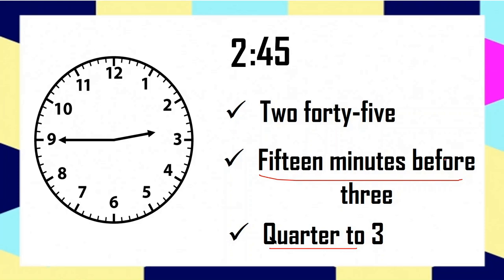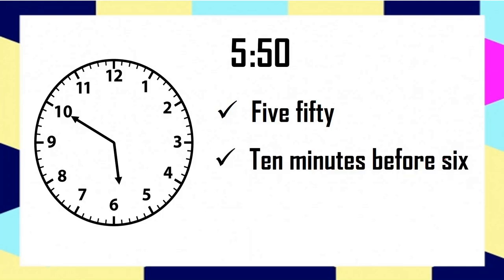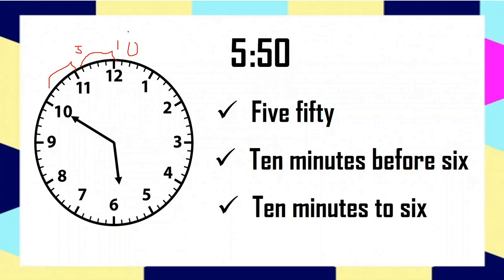Quarter to 3. How about this one? Okay, very good. This is 5:50 or 10 minutes before 6 because we only have 10 minutes, 5, and then 10 before the next hour. 10 minutes before 6 or 50 minutes after 5 or 10 minutes to 6.